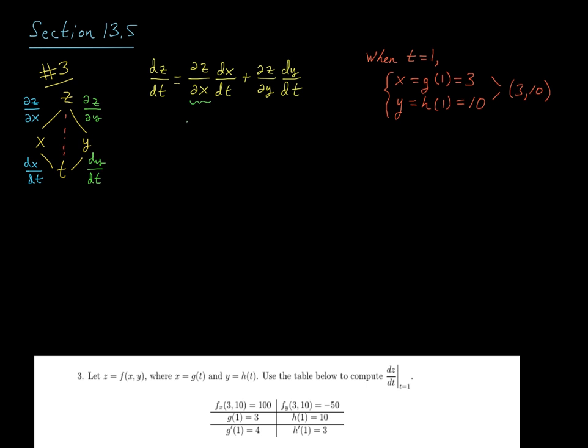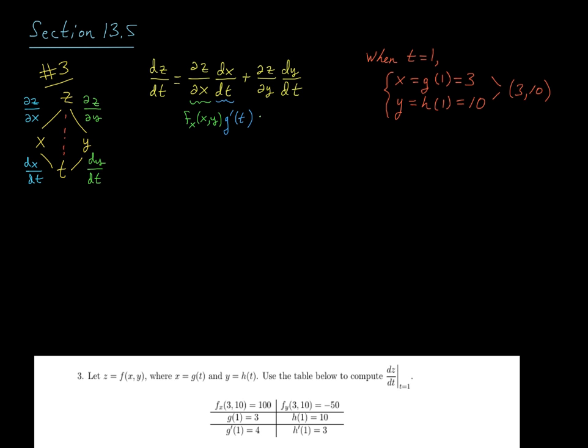So this is really our f sub x, and for emphasis, I'm going to write this as f sub x as a function of x and y. Okay, dx dt, what's that? Well, since x is g of t, dx dt would just simply be g prime of t.